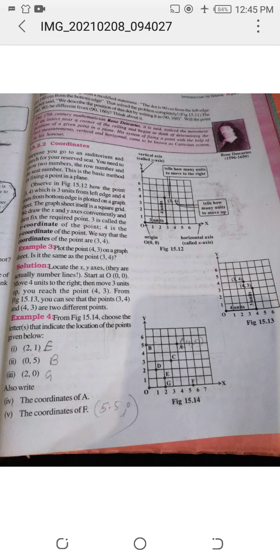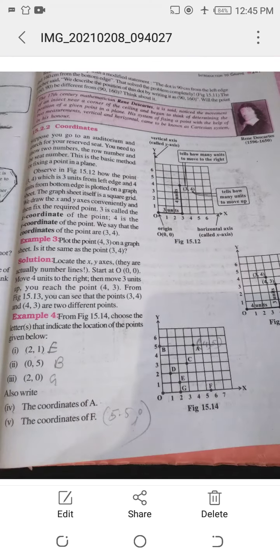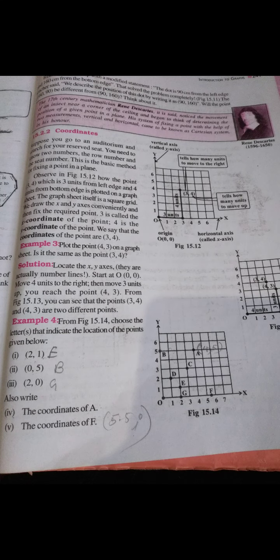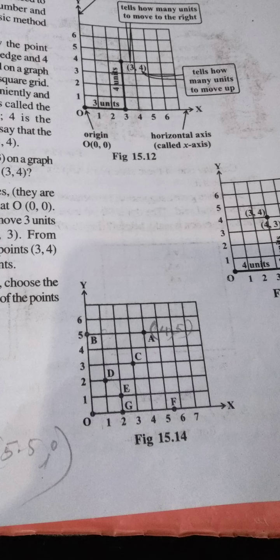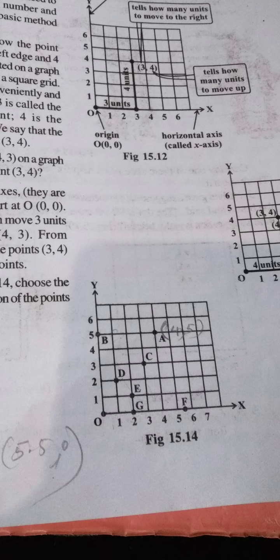The last one you can see here, one question I will also tell. The 5th: write the coordinates of F. Where is F? F is here, between 5 and 6. You can see that on the x-axis it is between 5 and 6, so it means 5.5. It is in between, not exactly on that point, so you can write it as 5.5.